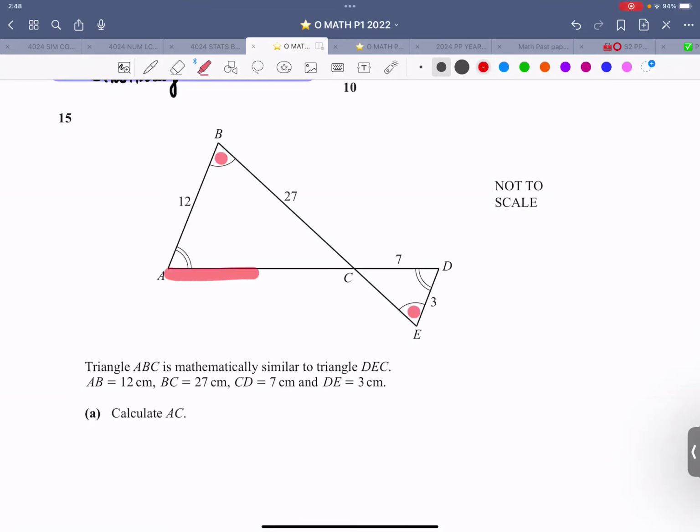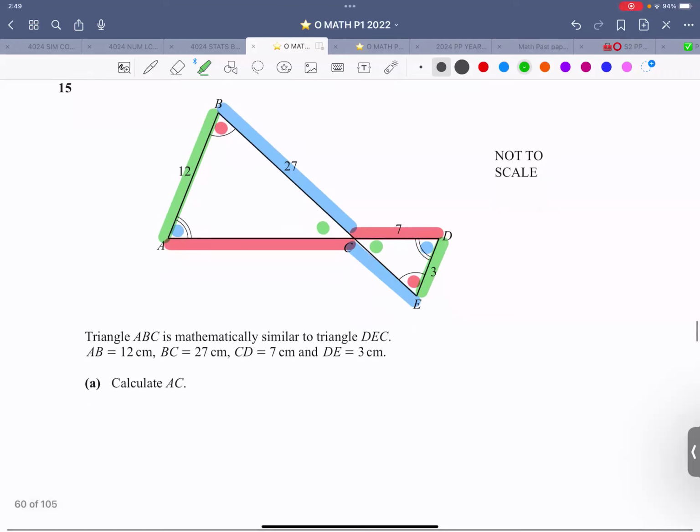The blue angle corresponds with this length, which is 27, and this blue angle corresponds with this length, which is unknown, CE. So I'm left with this angle and this length.